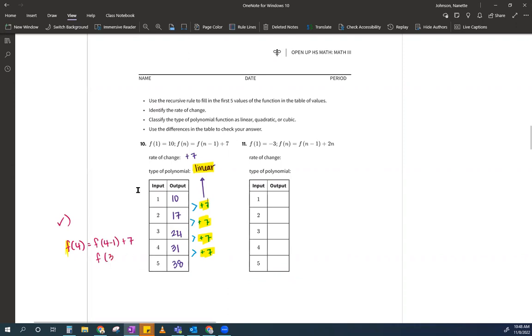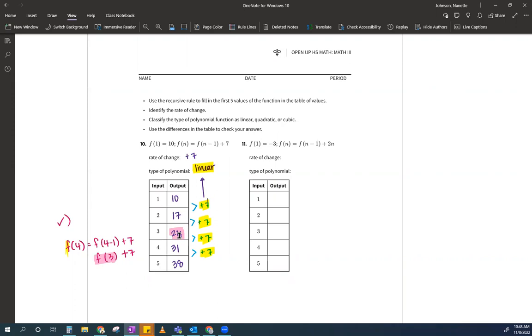Okay, well, where do I find f of 3? Well, f of 3 is the output when the input is 3. So you want me to put a 24 there? Yeah. So I'm going to highlight this so that you guys all see this guy here is this guy here. So I'm going to put 24 there instead. And then I'm going to add my 7 to it.